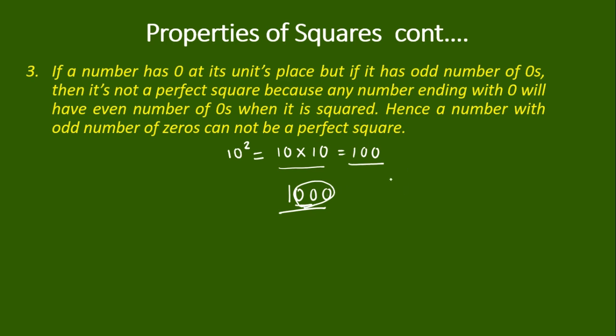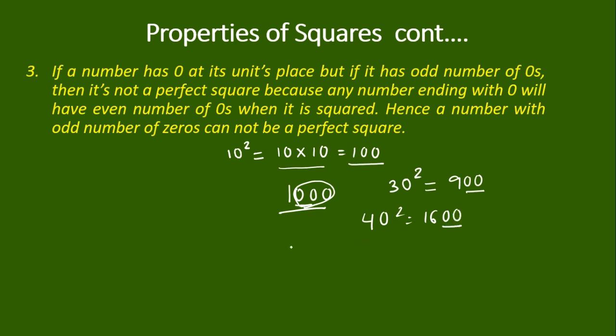Because if I consider 30 and take its square, I will get 900. So I'm getting an even number of zeros. Similarly, if I write 40, then the square of 40 will be equal to 1600. Again, an even number of zeros.